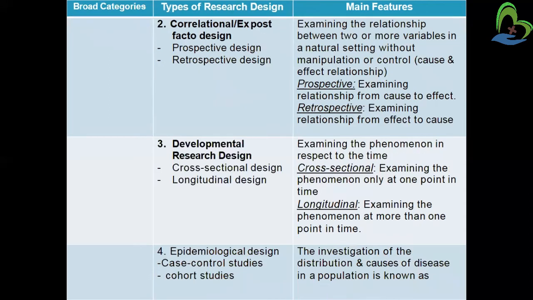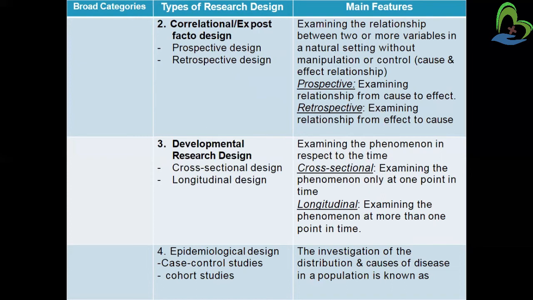All right. Second is correlational. Correlation means we are finding the relationship between two or more variables in a natural setting. Keep in mind, it is a non-experimental design, so it is done in a natural setting and without control or manipulation.